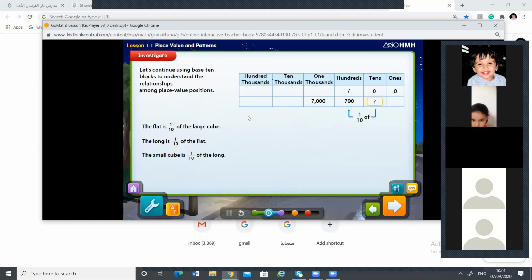So when you go to your left, you add zeros; when you come back, you remove a 0. Feroz, 700, if I remove a 0, what will it become? 70. Yes. So 1/10 of 700 is 70.